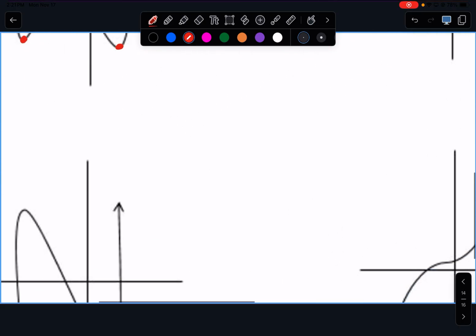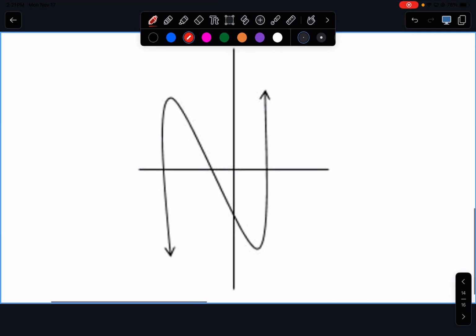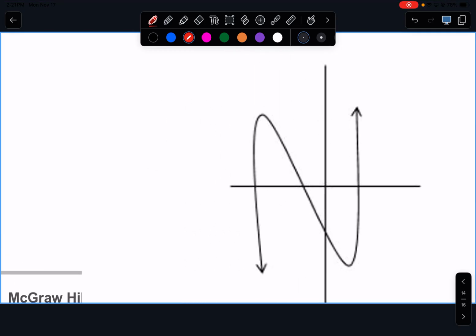Okay, next one. Positive or negative? Sorry, I switched up the order here. Odd or even? Odd, because they're going opposite directions. How many solutions? 1, 2, 3 solutions.